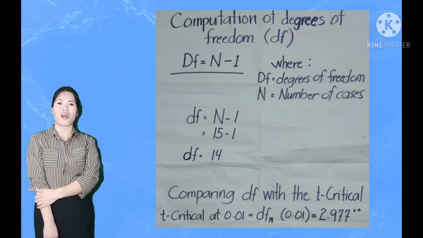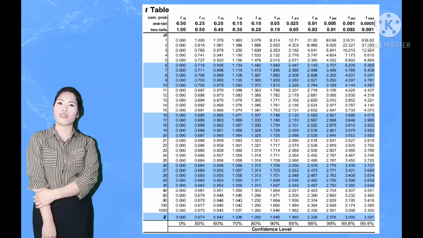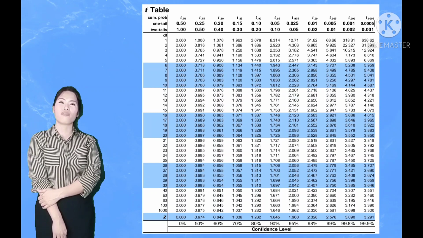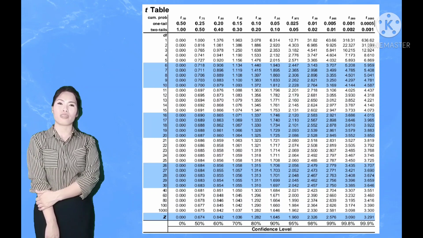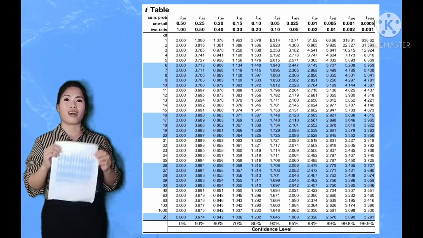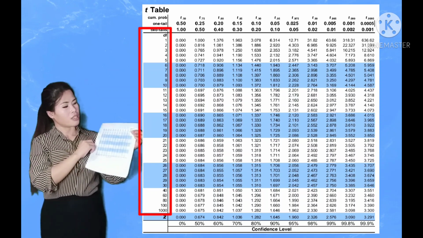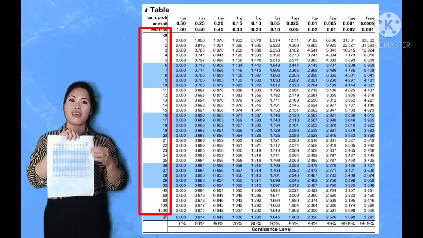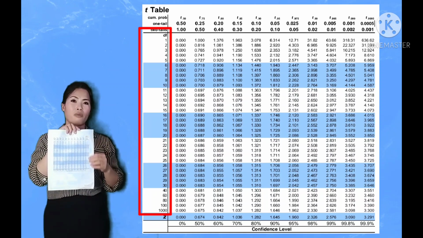So it is the t distribution table. Now our degrees of freedom is 14. Where is the degrees of freedom here? The degrees of freedom is on this side.